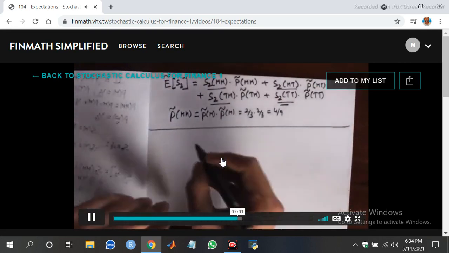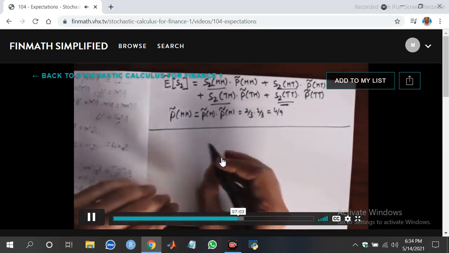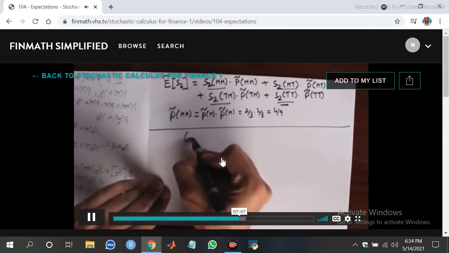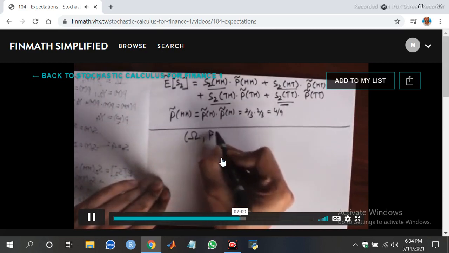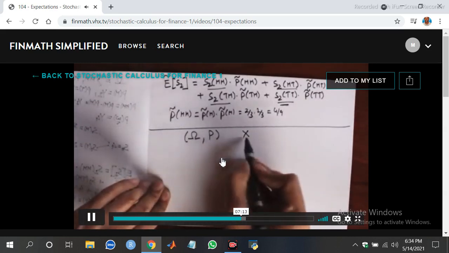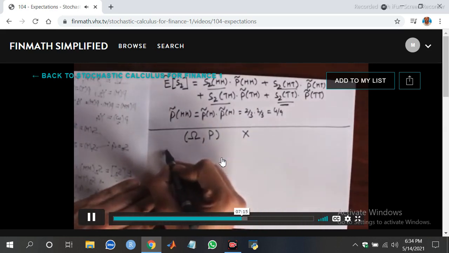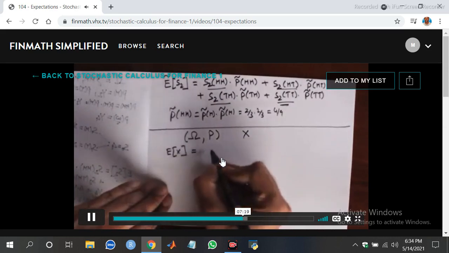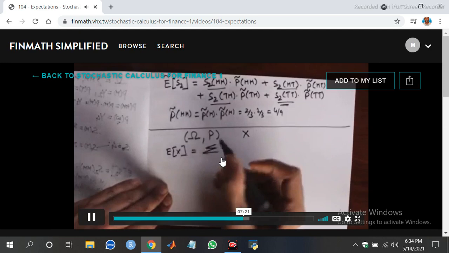Now we can generalize this. We have a probability space, and a probability space basically means we have a sample space and we have a probability measure, and we have a random variable which is defined on that probability space. Now what we would like to do is calculate the expected value of the random variable, right? And how are we going to do that?